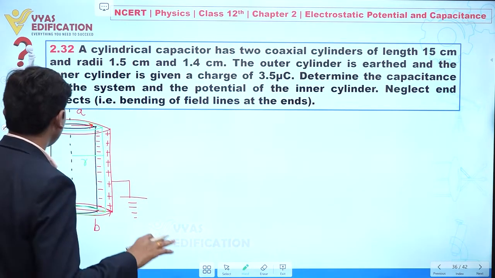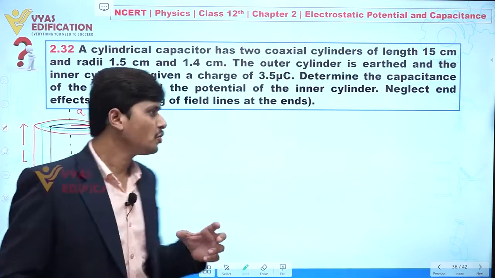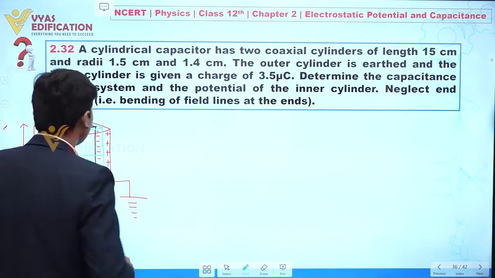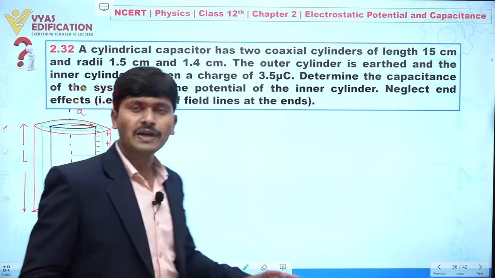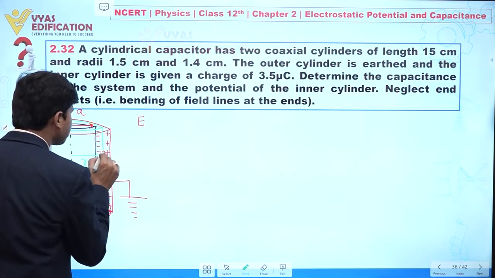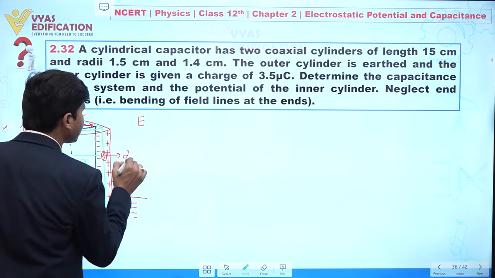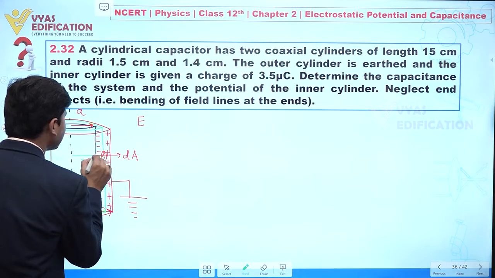Clear? So now can we find the value of the electric field due to this Gaussian surface? Yes, we can write E. Clear? We know flux is given by the integral of E dA. Yes or no? So if we take a small element, dA is in the outward perpendicular direction, and the electric field is in this direction.